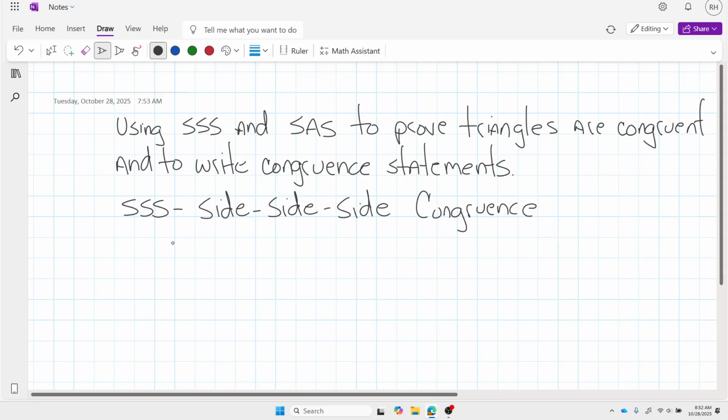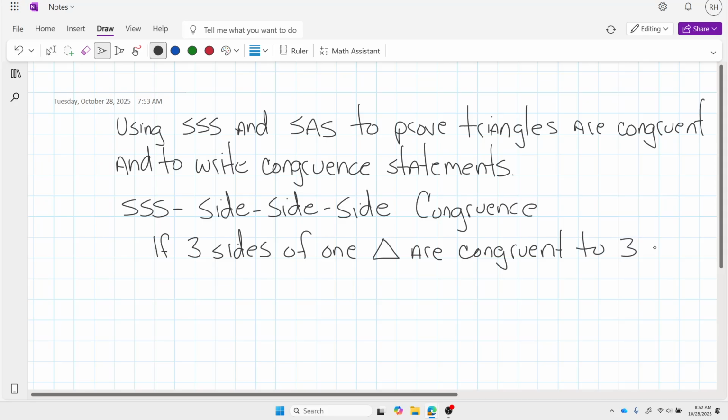All right, and what it states is that if three sides of one triangle are congruent to three sides of another triangle, then the triangles are congruent.